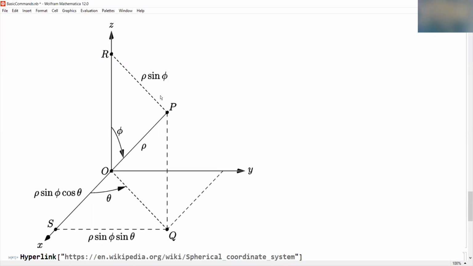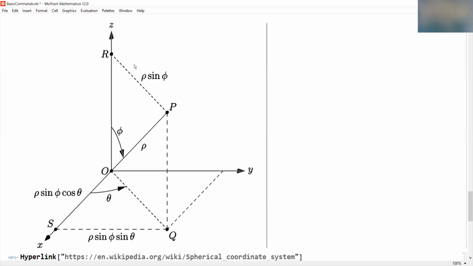And so now you can see why we're using a new letter, rho, for the radius. Why do you think we use rho? Yeah, it's another R word, right? In Greek, rho is the R. The advantage of using rho is that if we come down by phi, then the height, z, is going to be rho cosine phi, and then the amount we're coming out is rho sine phi.